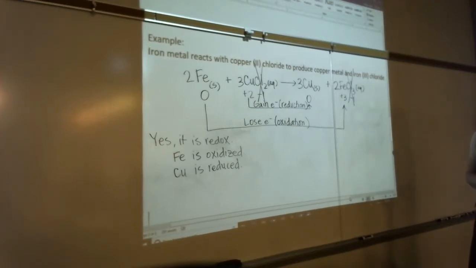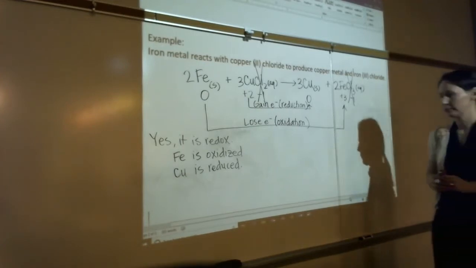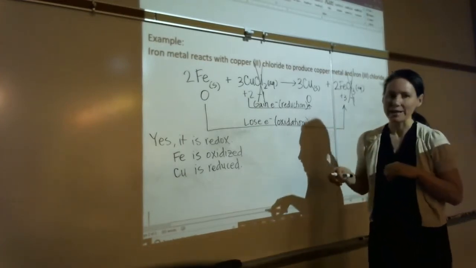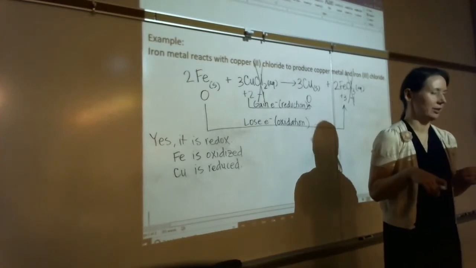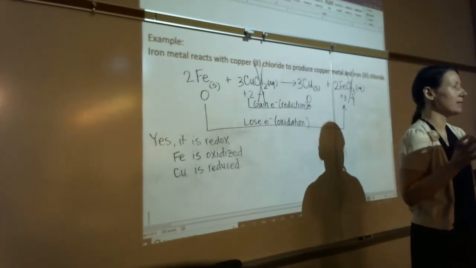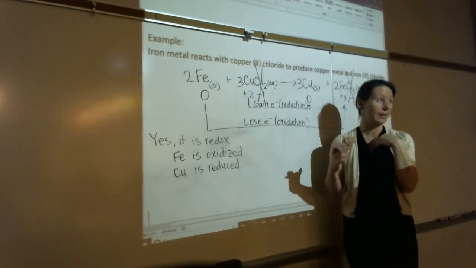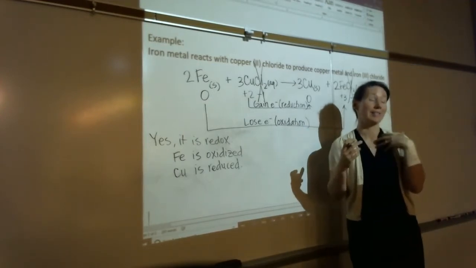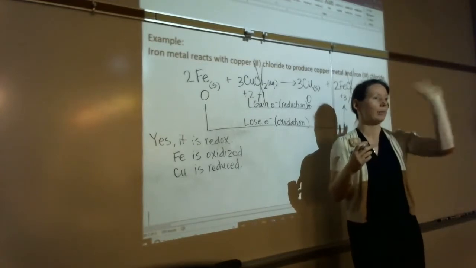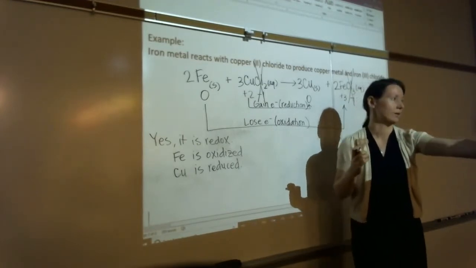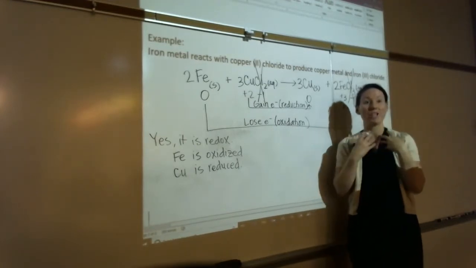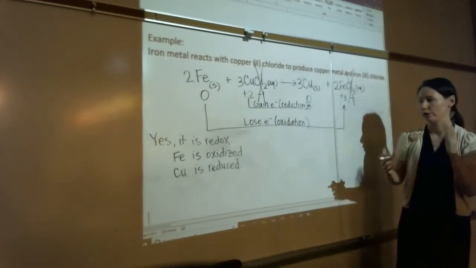Also, we have one other piece of data to add to this. It's a little vocab word: oxidizing agent and reducing agent. The word agent means allows to occur. So if I'm the oxidizing agent, that means that I myself am getting reduced, but I'm letting you get oxidized. If you are the agent of that, that means you allow that to occur.